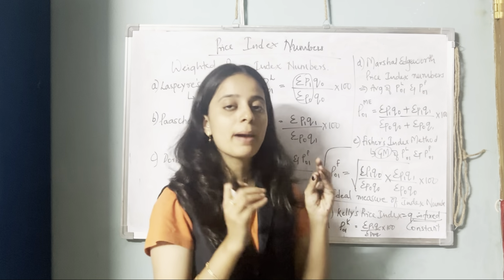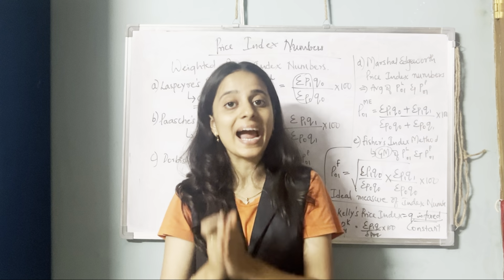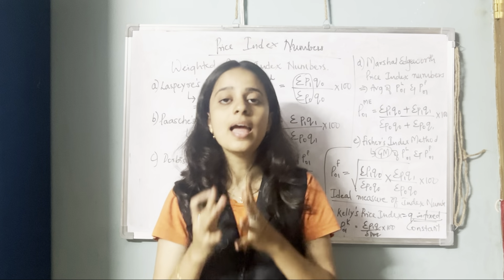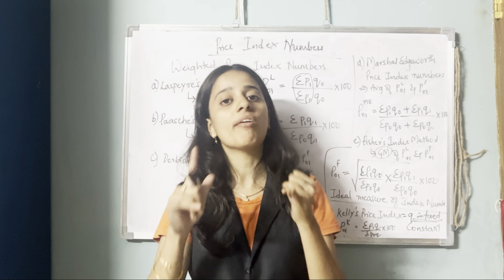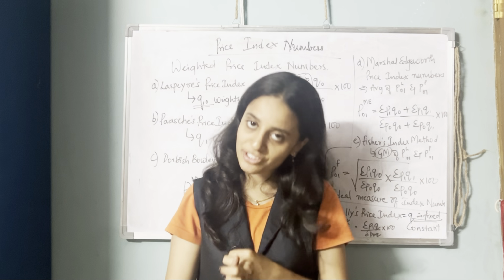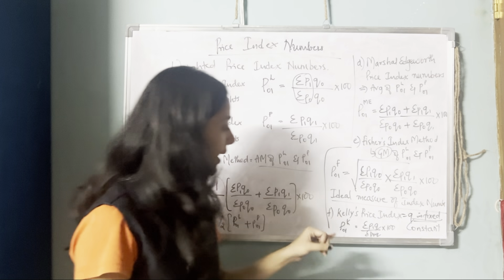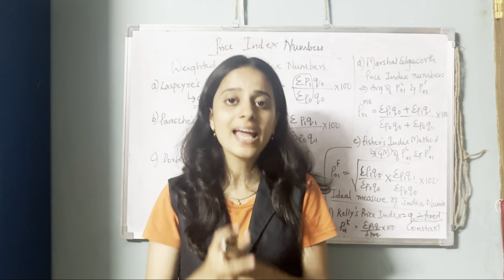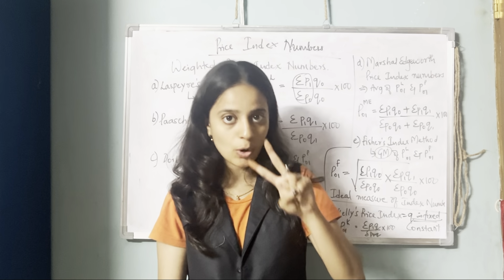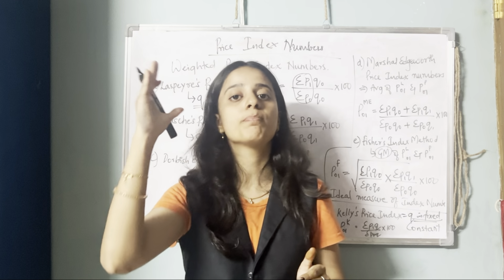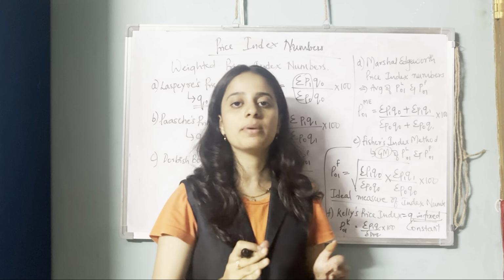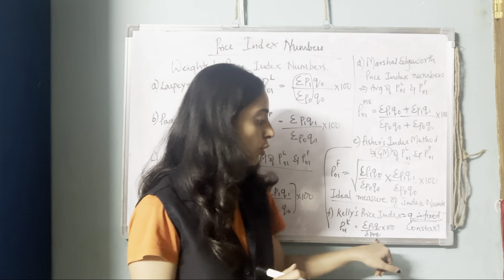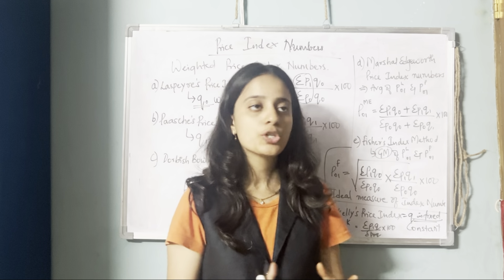Fisher's price index method is one of the ideal measures of price index, and it is the geometric mean of Laspeyres' and Paasche's. And the last one is Kelly's price index method, which considers quantity as fixed for both the base period and current period, and it is given as KP01 equal to summation P1Q divided by summation P0Q, into 100. Yes, so very simple.